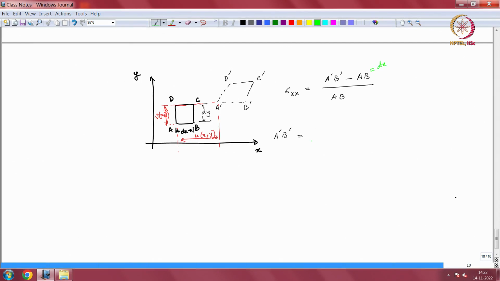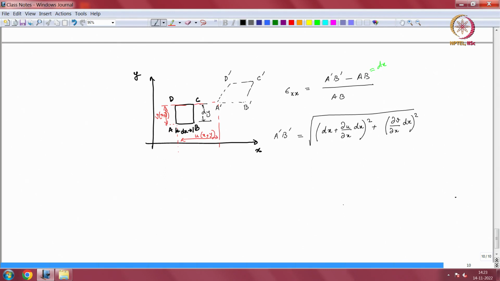So if I have to do A dash B dash, then I again apply the Taylor series, and what I find is this is the square root of (dx plus del u by del x dx) whole squared plus (del v by del x dx) squared. It is a 2-dimensional problem, so we are just going to take 2 dimensions here.